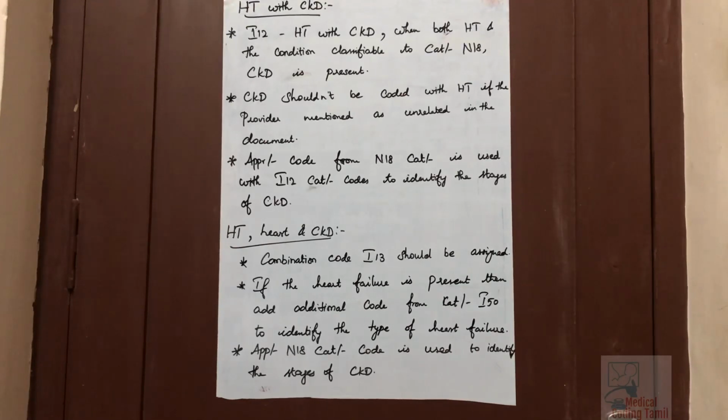Because the I13 includes notes contain codes like I11 and I12, we should not assign them separately because they are included in the I13 code. It is a combination code for hypertension, heart and chronic kidney disease. So we have to go for combination code I13.